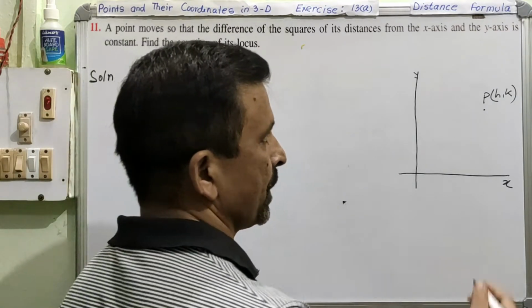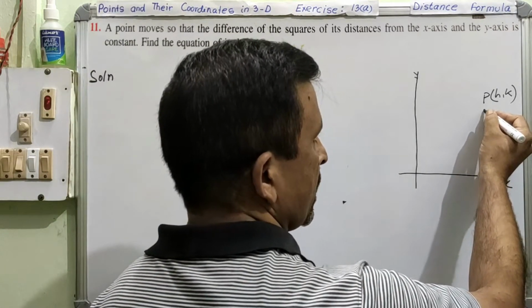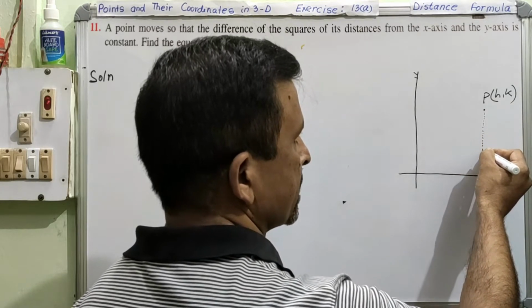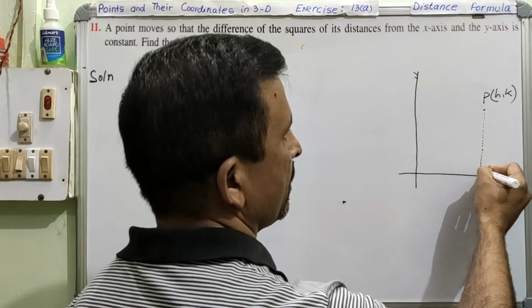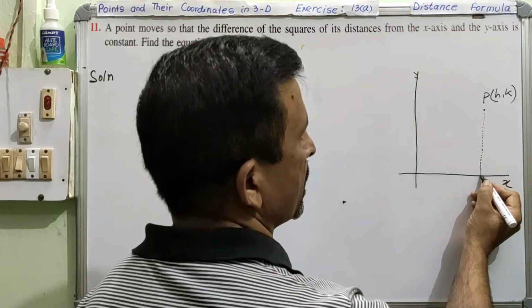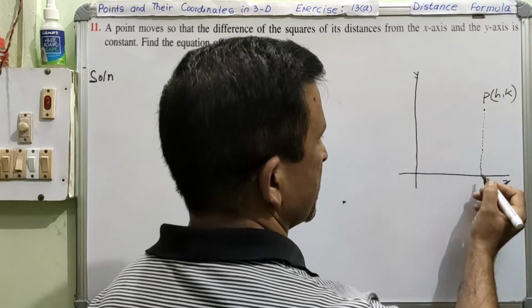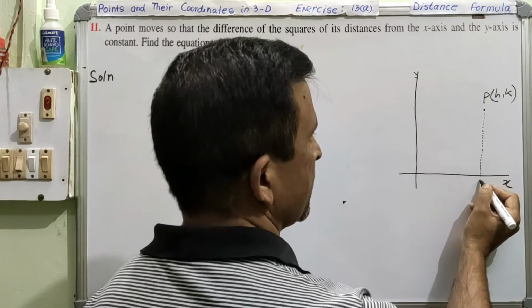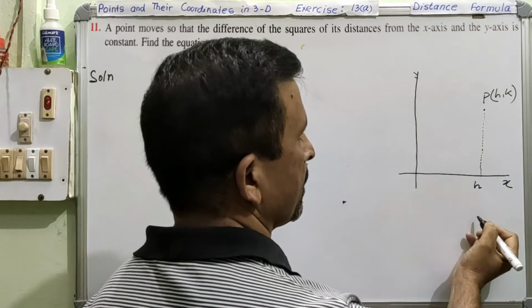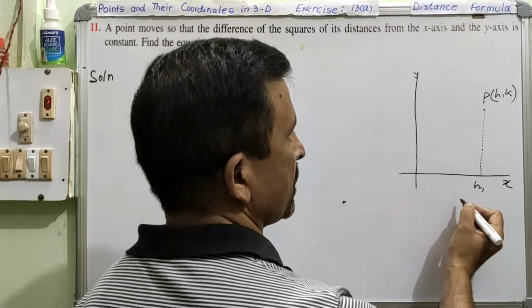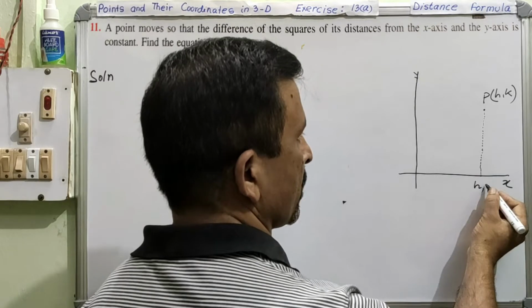Now if I drop a perpendicular from P on x-axis, this is the point where it meets the x-axis. That means this is the value of x for this point, which is h. This distance will be h, and because it is on x-axis, the y-coordinate will be 0.